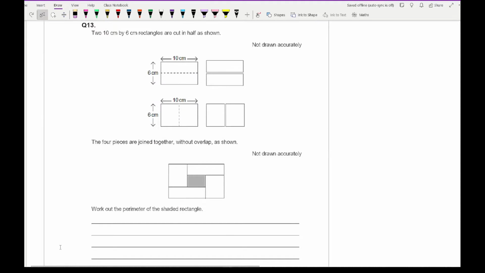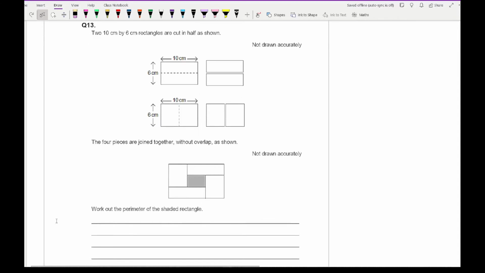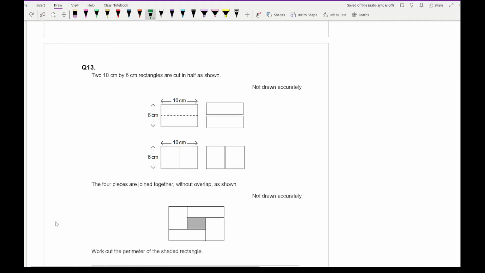Then moving on to question 13, it says two 10 centimeter by 6 centimeter rectangles are cut in half as shown, and 4 pieces are joined together without overlap as shown. The question is asking us to work out the perimeter of the shaded rectangle. So for this, what we need to do is label each of these points.